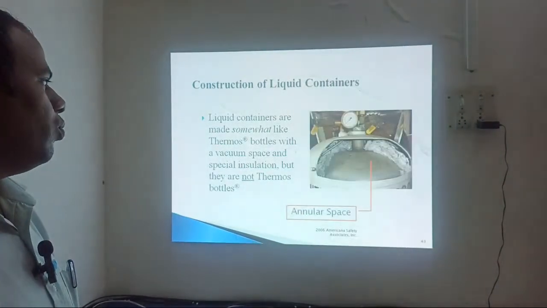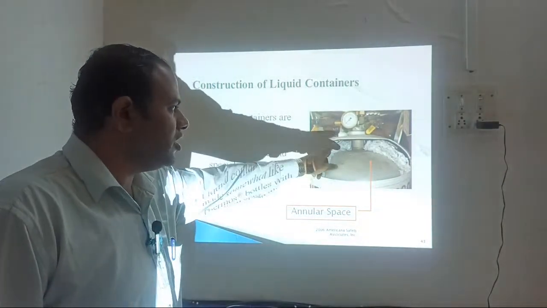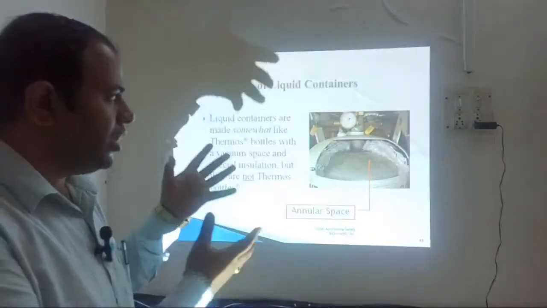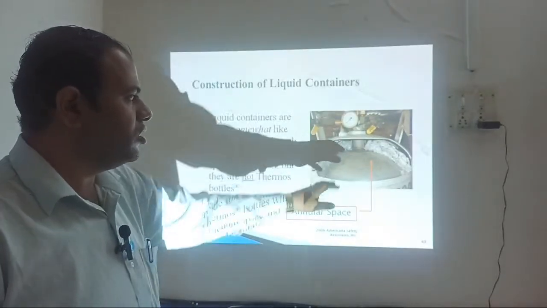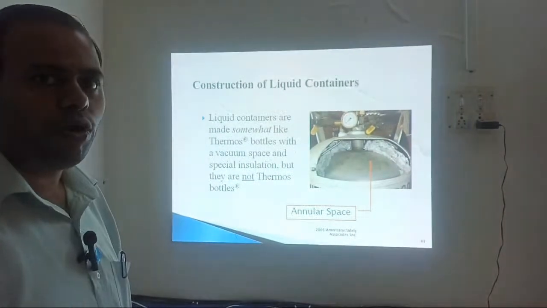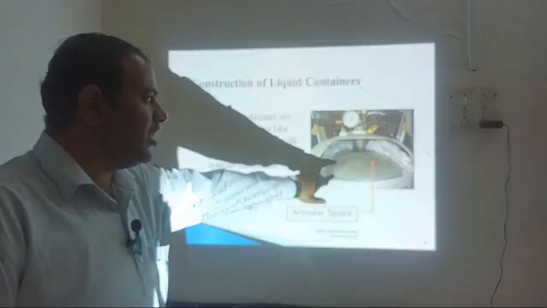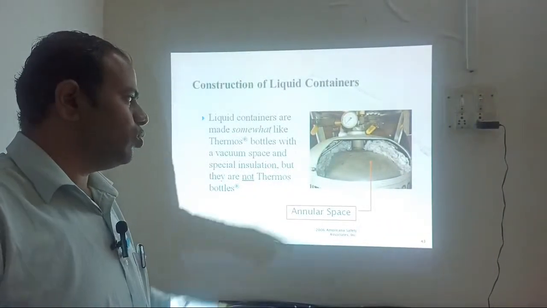How these are constructed: you can see there is an insulated space between the actual container inside and the container outside. It is done for insulation purposes. The insulation is very important, or else if you touch the inner cylinder, your hand will get stuck to it and freeze to that particular tank.